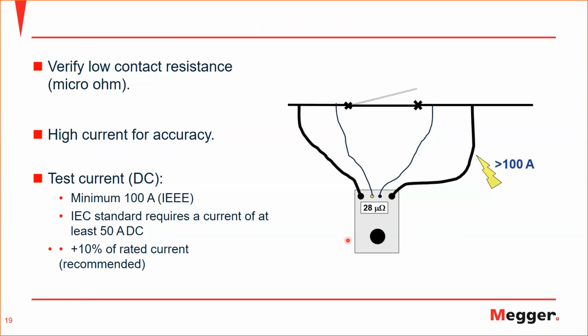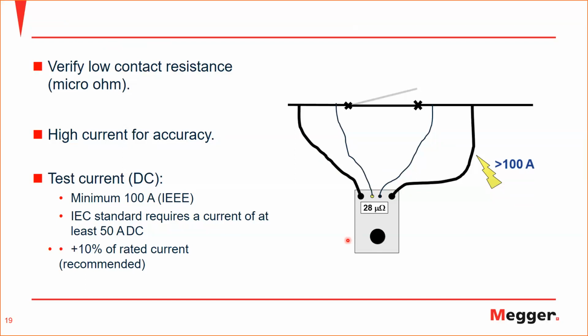I myself have done this test on a generator circuit breaker. That generator circuit breaker was 6,000 amps, the rated current for it. I could not get a good reading even when I used 100 or 200 ampere.